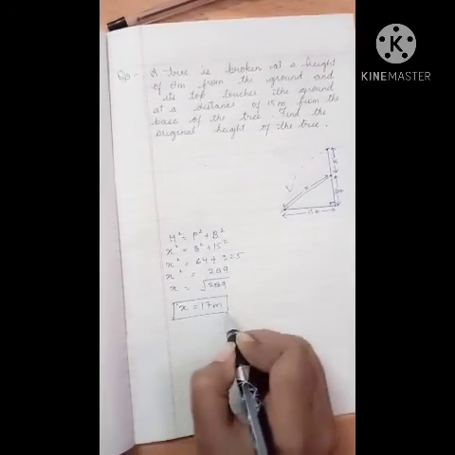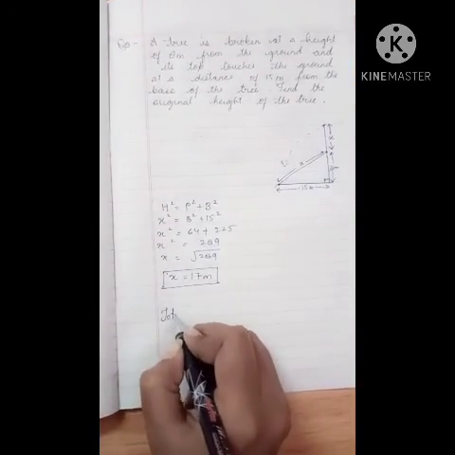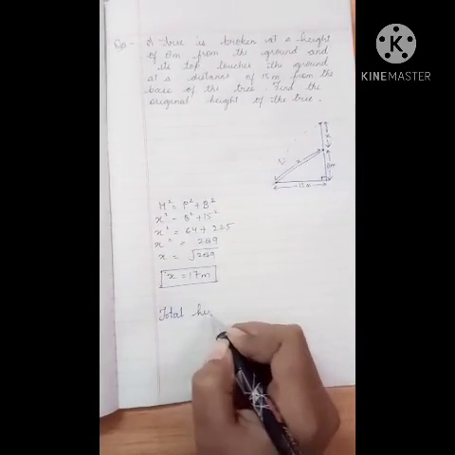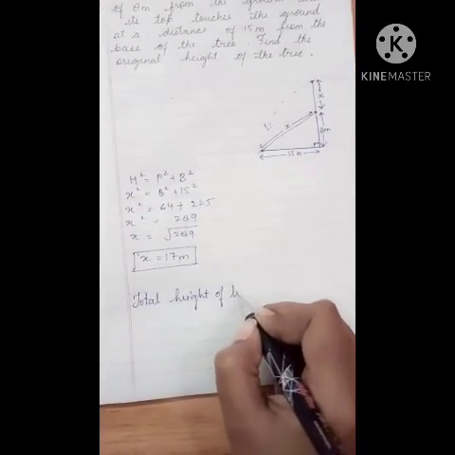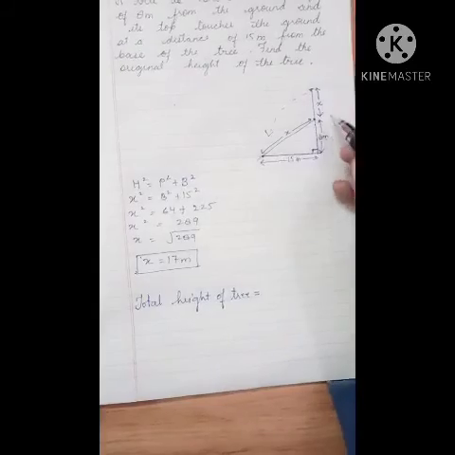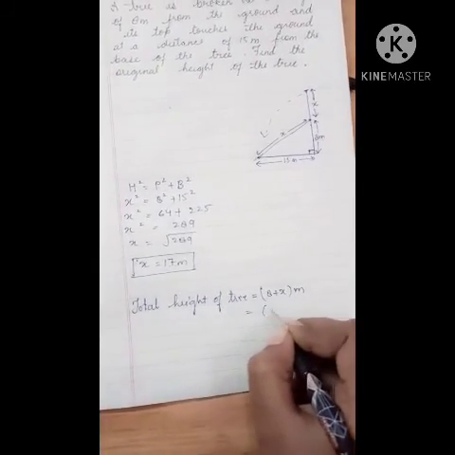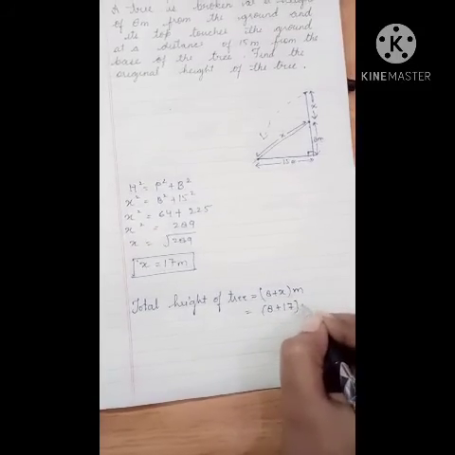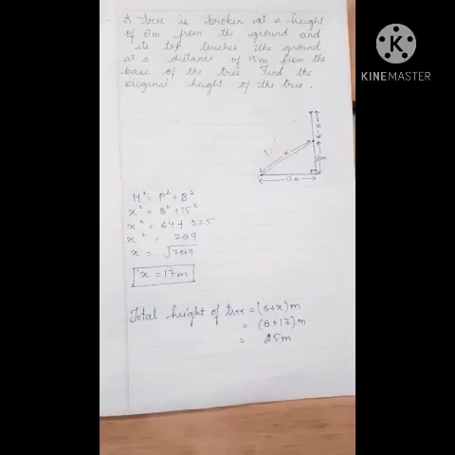So this is the value of x. So what would be the total height of a tree? So the total height of a tree is equals to 8 plus x meters and value of x is 17. So the total height is 25 meters.